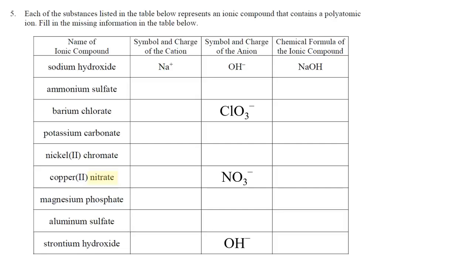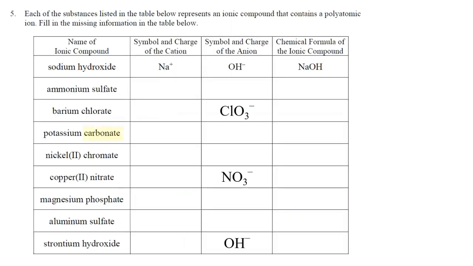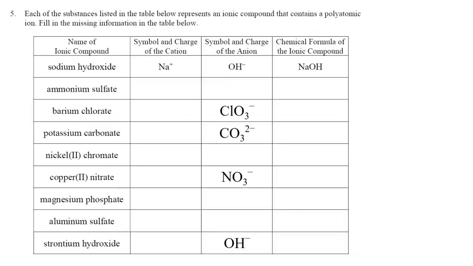Now let's look at the next part of the song, which is carbonate is CO3. So I'm looking for a CO3 -2 for carbonate. There's carbonate, CO3, 2-. The next part of that song goes chromate, CrO4. So I'm looking for chromate, CrO4, 2-.